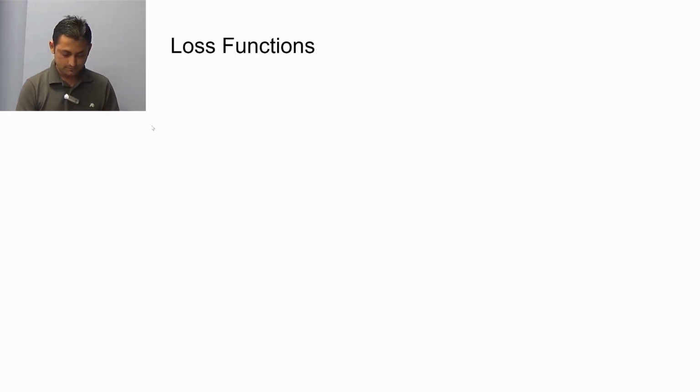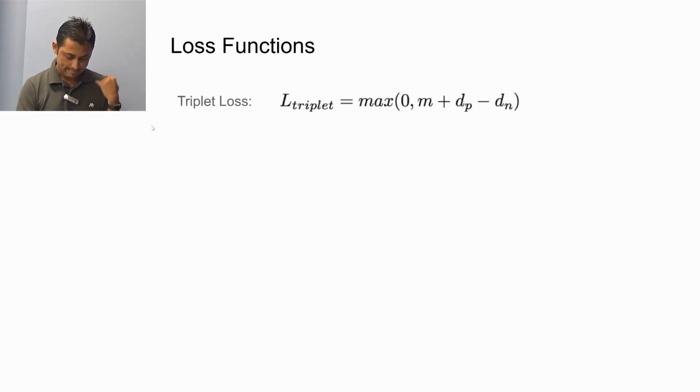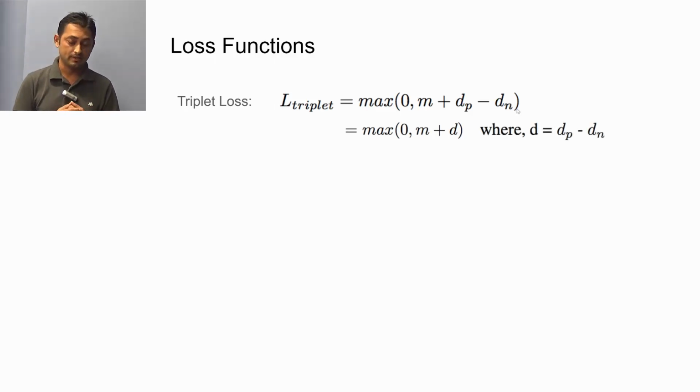So we use the following loss functions in our network. Basically, we start with the triplet loss, which is as shown here, where dp and dn are the distances from the anchor to the positive and negative features, and m is the margin, which can be written as max of 0, m plus d.